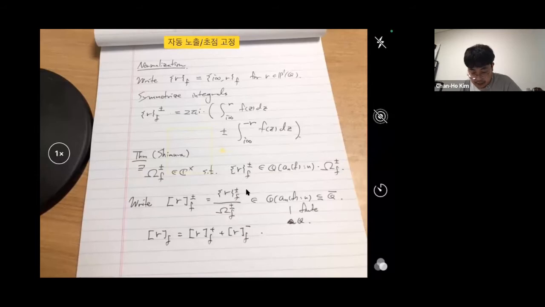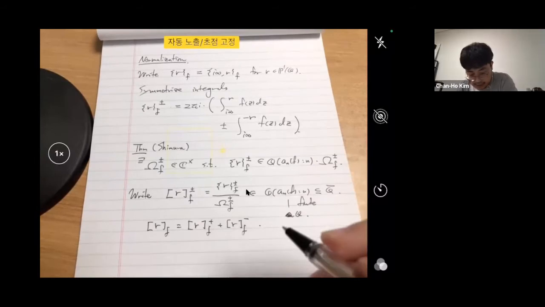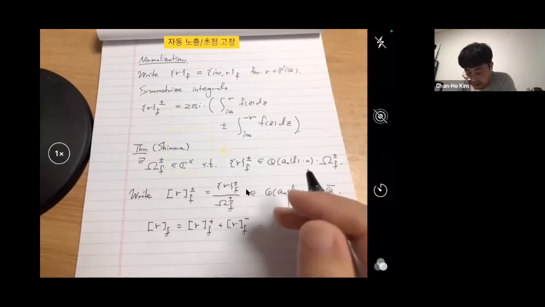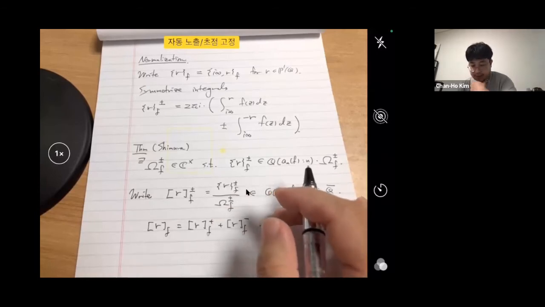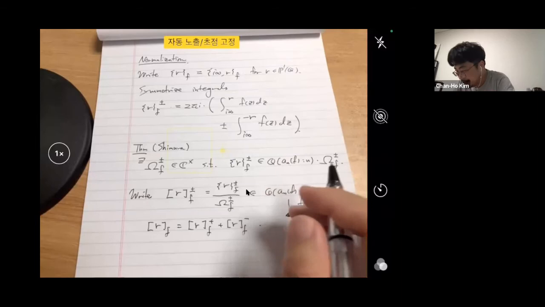Another thing I want to point out is the following. So before the normalization, sorry, how can I say this? I'm sorry, okay.